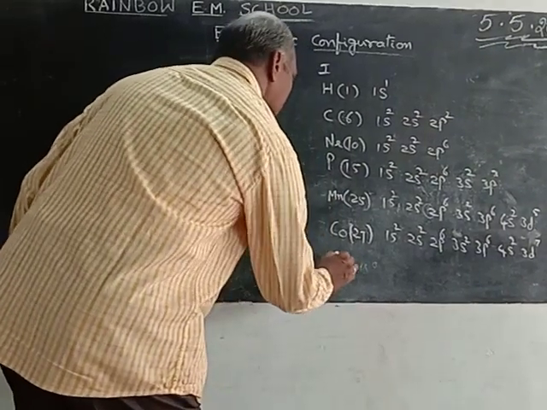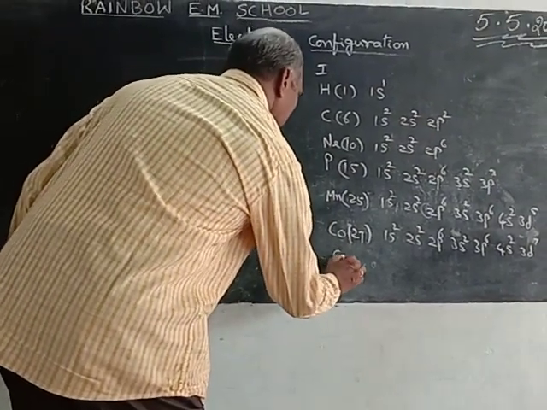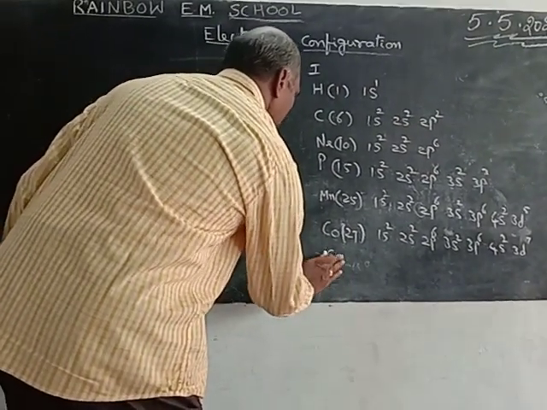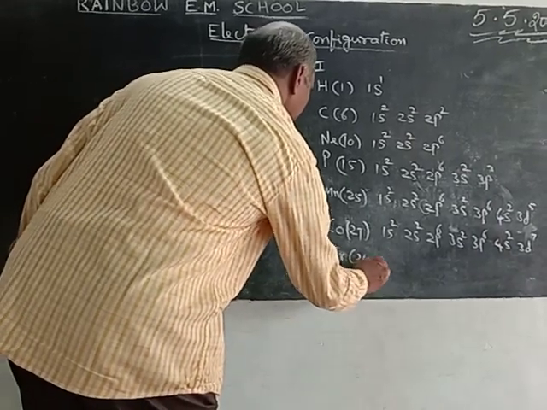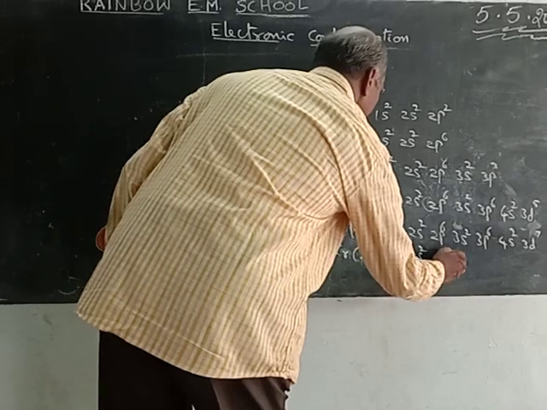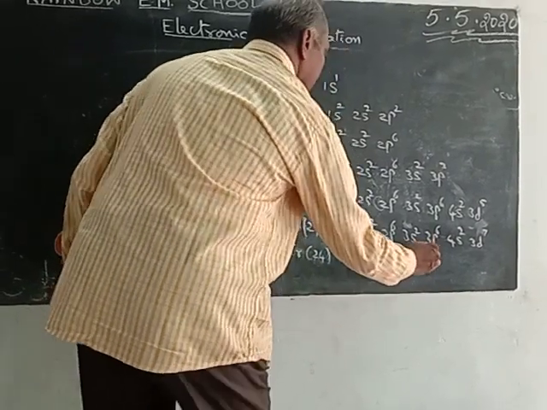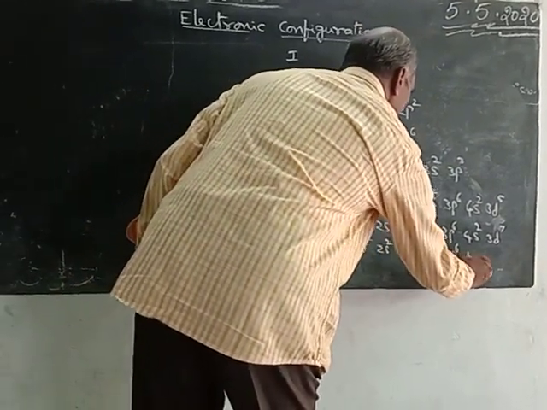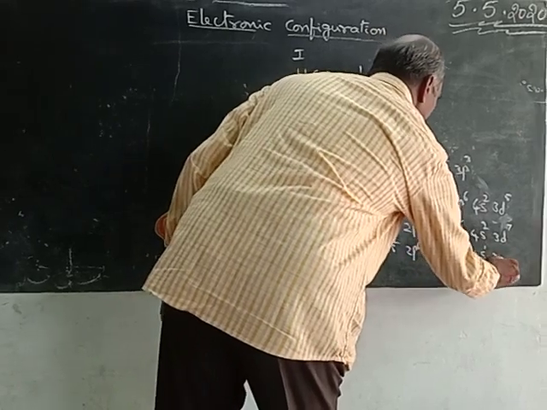Whereas copper, chromium 24: 1s2, 2s2, 2p6, 3s2, 3p6, 4s1, 3d5.